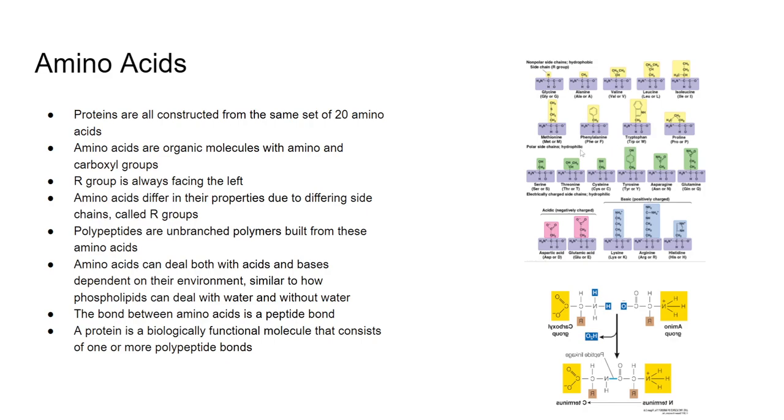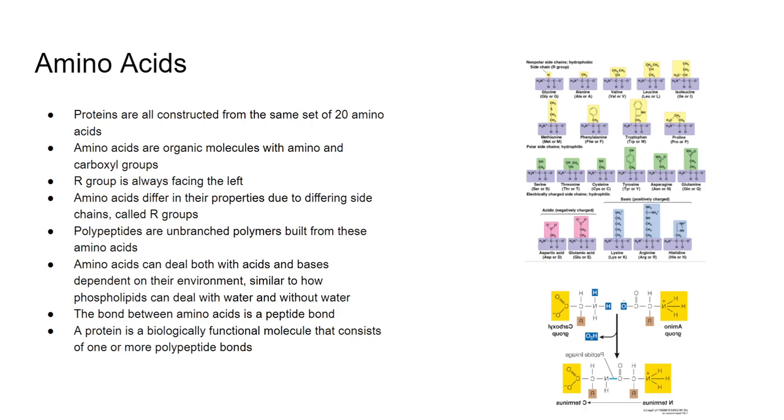And then the hydrophilic amino acids could be on the inside of a transport protein because those are usually going to be taking in polar things into the body. So they're probably going to want a polar inside of the transport membrane or transport protein. So we might see these hydrophilic amino acids be on the inside of a transport protein.